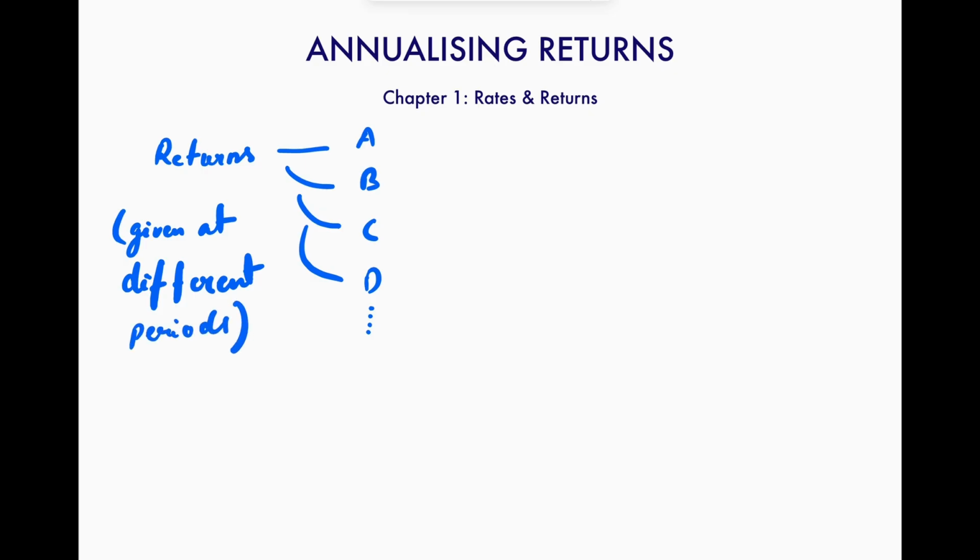What I mean by that is, the return for investment A could be on a weekly basis, so the return is provided to you per week. Investment B could be on every 4 weeks basis. C could be, say, a 129 days return.